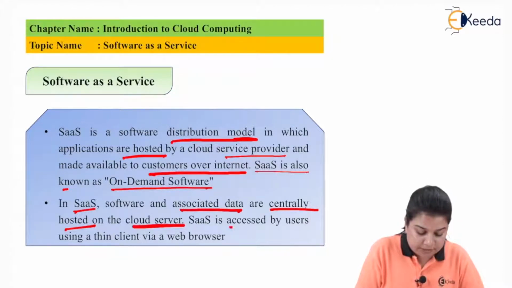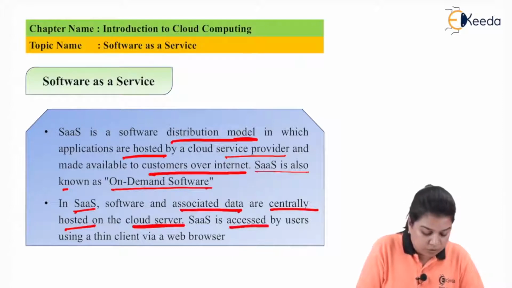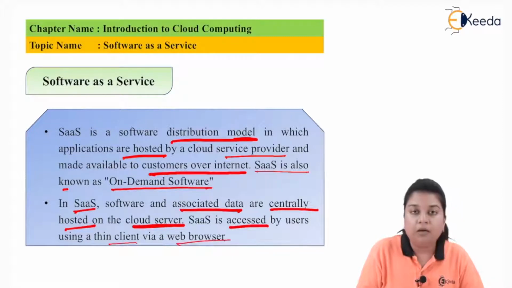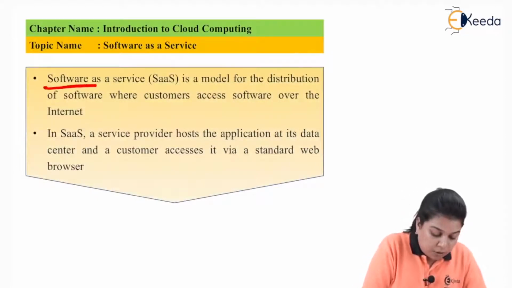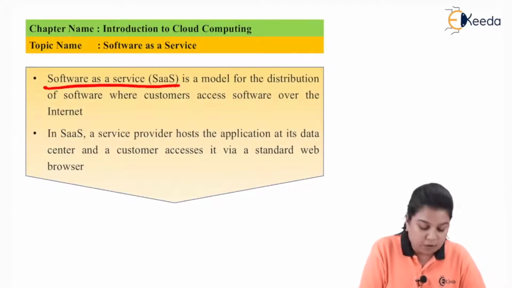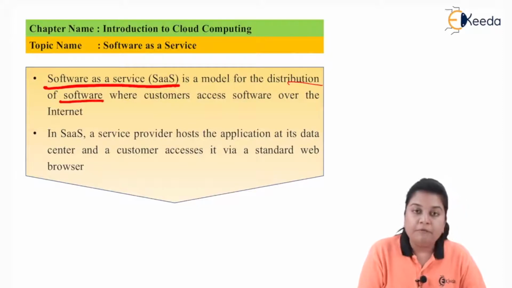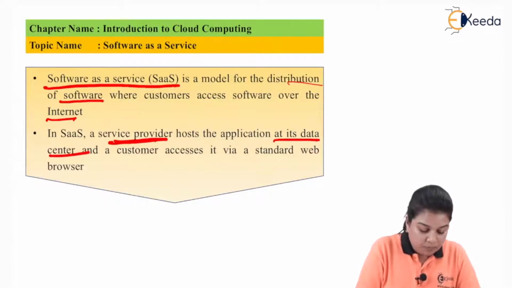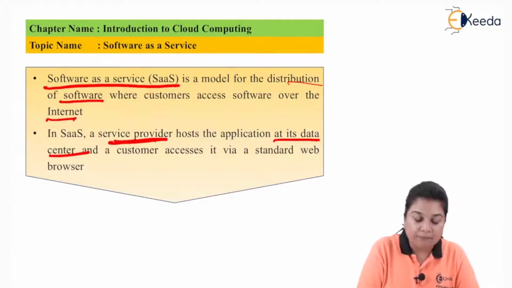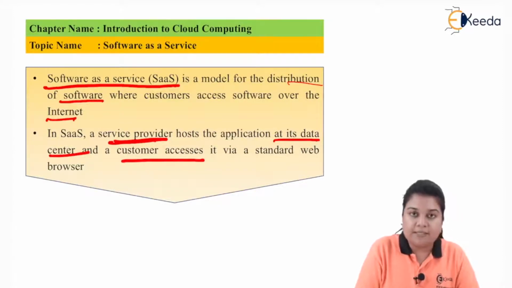It is accessed by users using a thin client via a web browser. Customers access software over the internet: the provider hosts the application at its data center and a customer accesses it via a standard web browser.